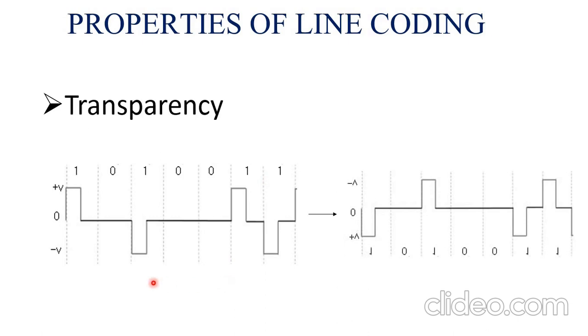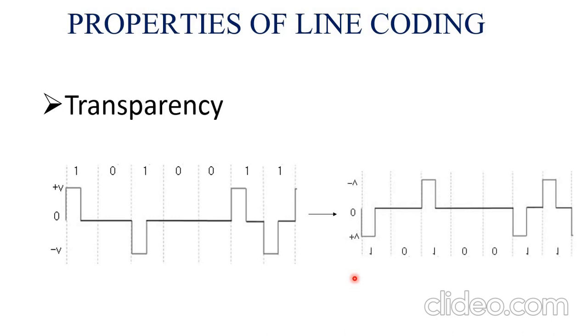If I change the polarity, now +1 is changed to -1 and -1 is changed to +1, and both signals are signaling the same data. So now I can say AMI or bipolar is invariant to polarity inversion. So I can say it is transparent.